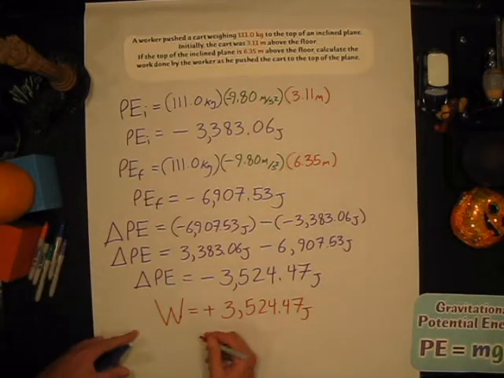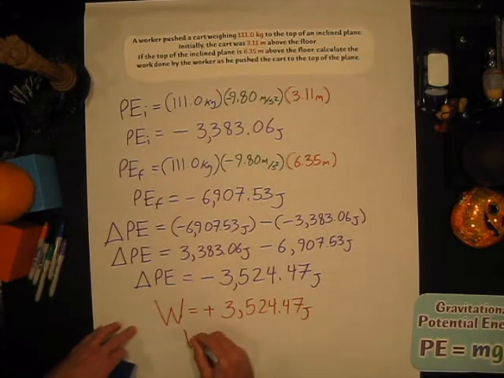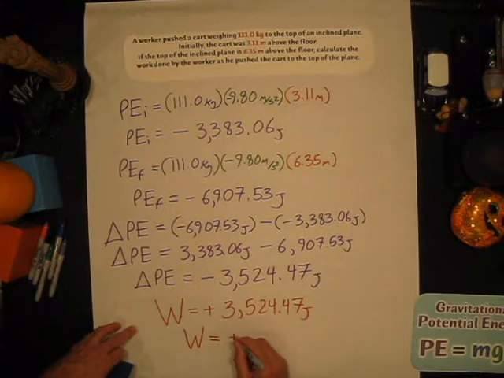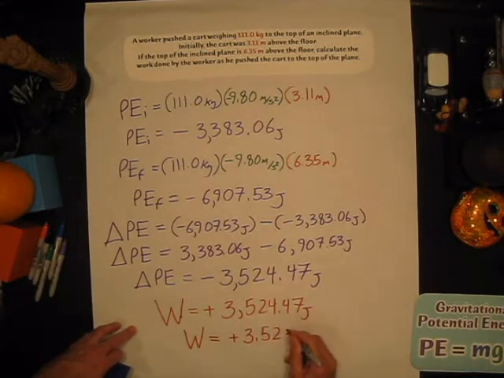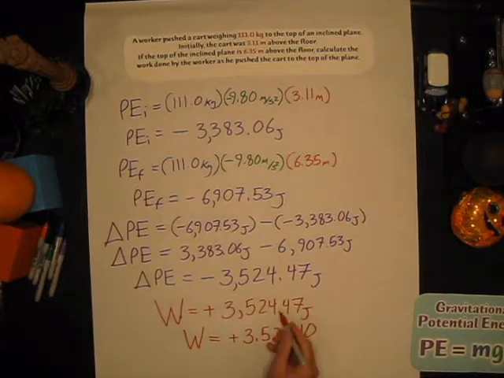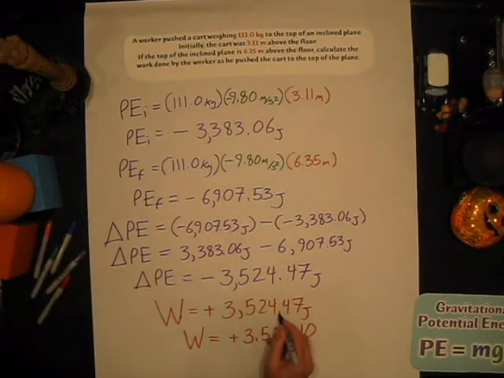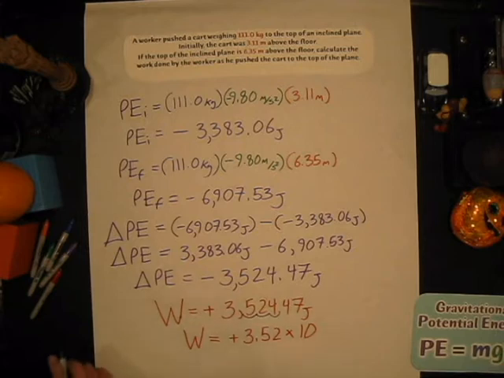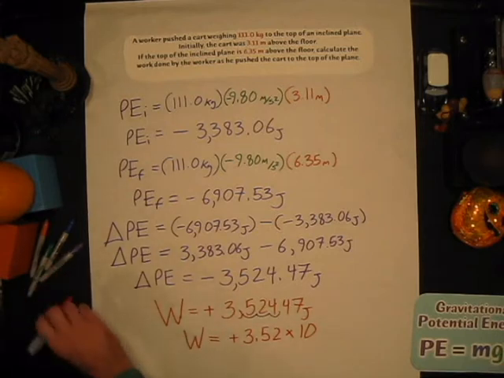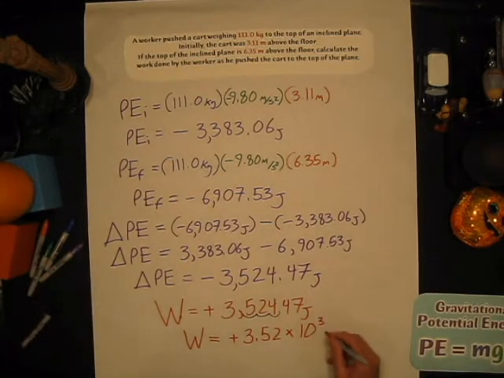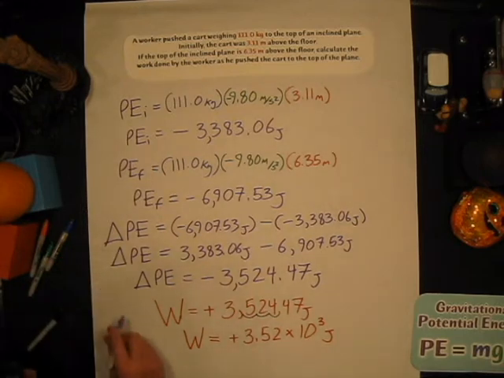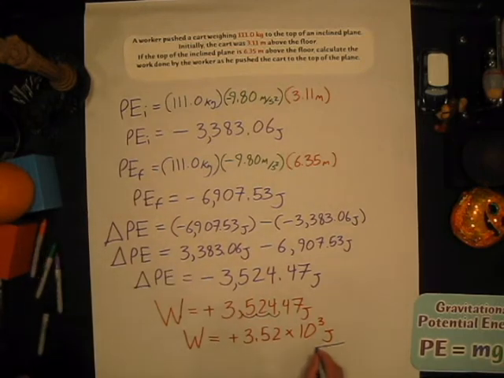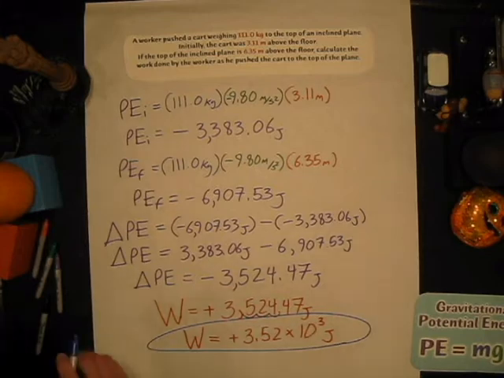So let's do that as our last step. I think I can still fit it on here. W equals, I can still put the positive, 3.52 times 10 to the, how many places do I have to move this? 1, 2, 3, right? Whenever something is in the thousands, you always have to move it 3. Joules. So that would be how much work the guy did.